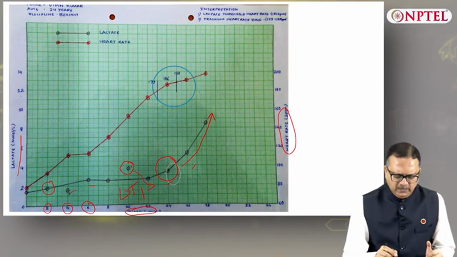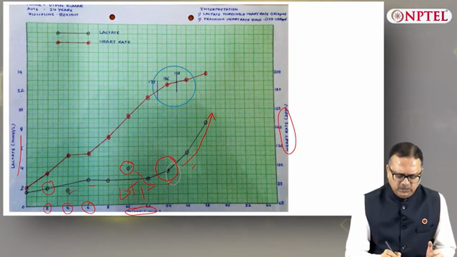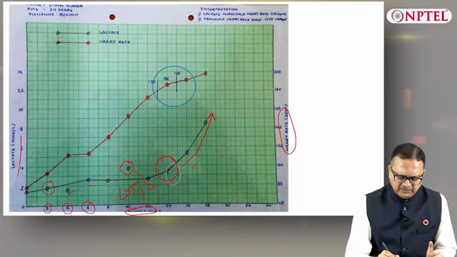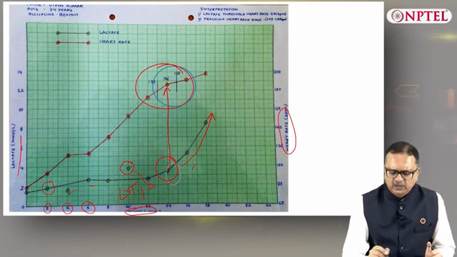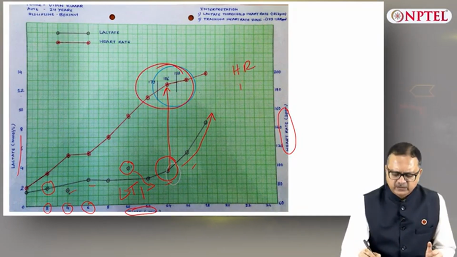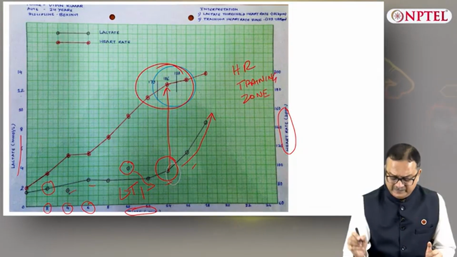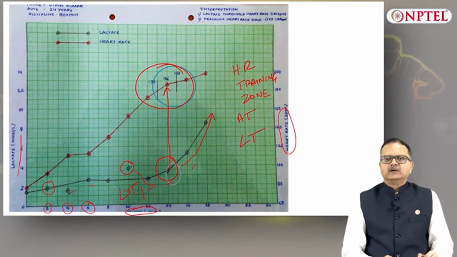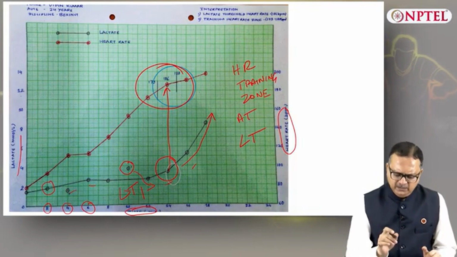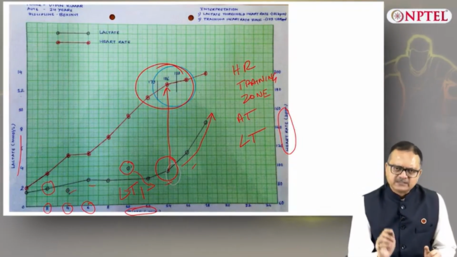So, what you do when you are measuring the lactate, you also measure the heart rate. You drop a line from the lactate threshold to the heart rate, and this will give you your heart rate training zone at lactate threshold. Now this is what you mean by threshold training, etc.